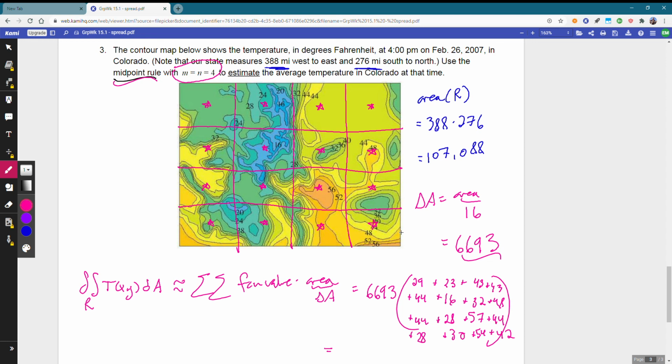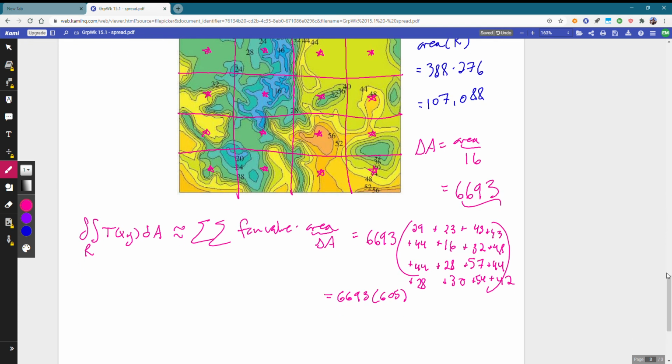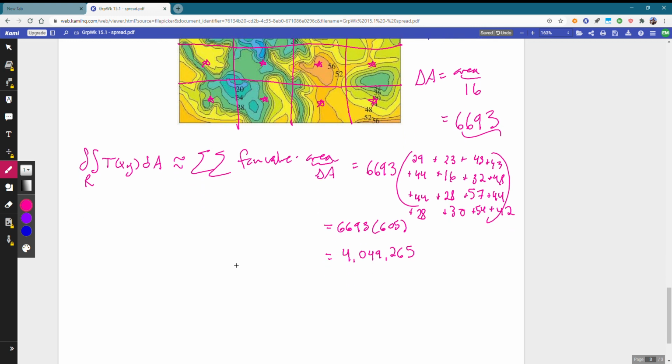All right. With my estimates here for the stuff in parentheses, I'm getting 605. When I add that all up, putting that together, getting 4,049,265 for the approximation to our double integral.